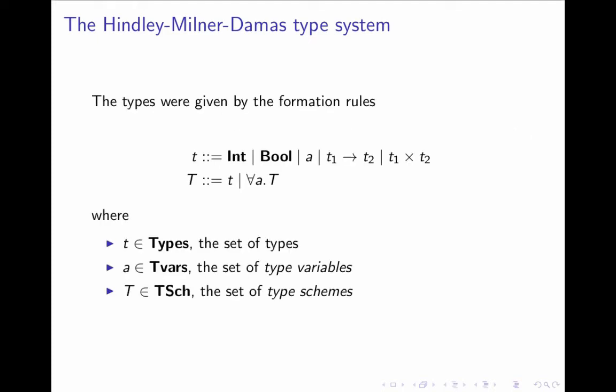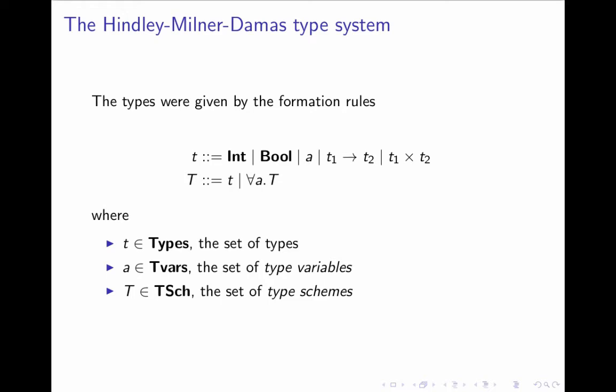Now the types in the Hindley-Milner-Damas type system are given by the formation rules that we have here. We've got types, we've got type schemes, and in a type we can have type variables. And type variables are quantified over in the type scheme. A type scheme is a polymorphic type. It says that for all types A, we have T. And the types that we have in this version of the system are enough to capture what we can talk about in the language.